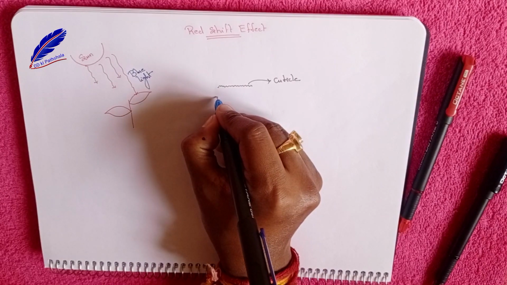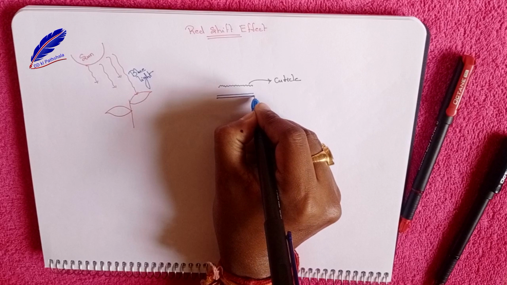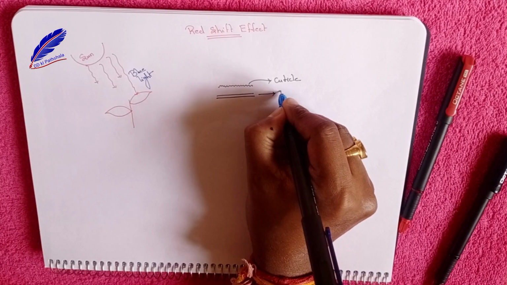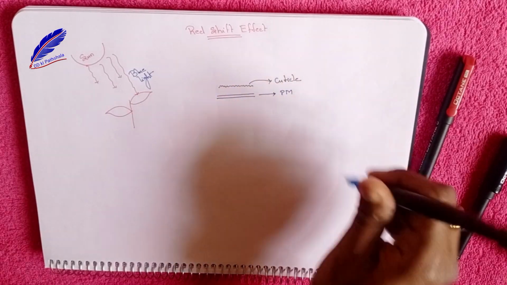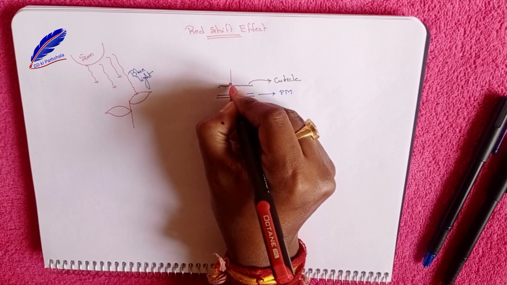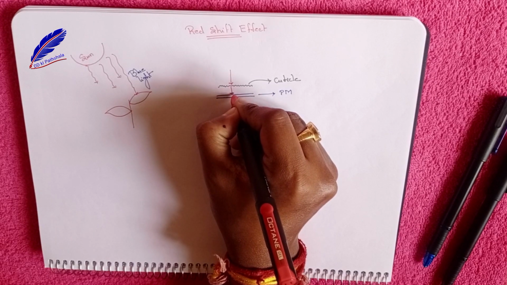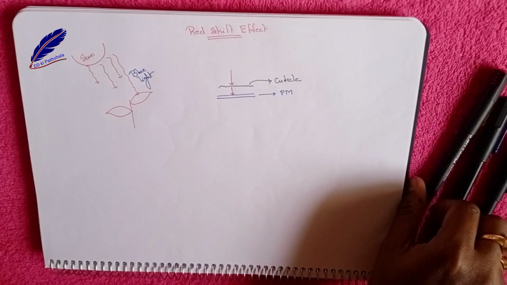After striking the cuticle, the light is penetrating the plasma membrane. So this is the light which first strikes the cuticle. After penetrating the cuticle, it comes to the plasma membrane.